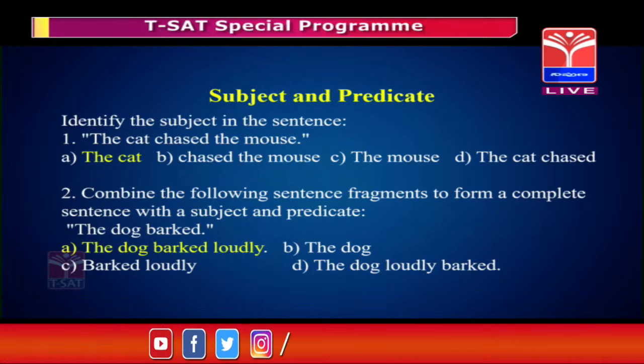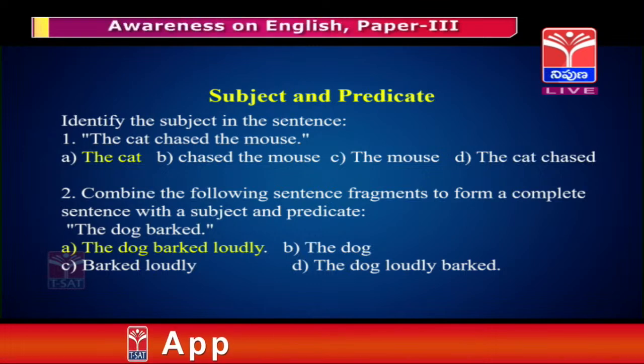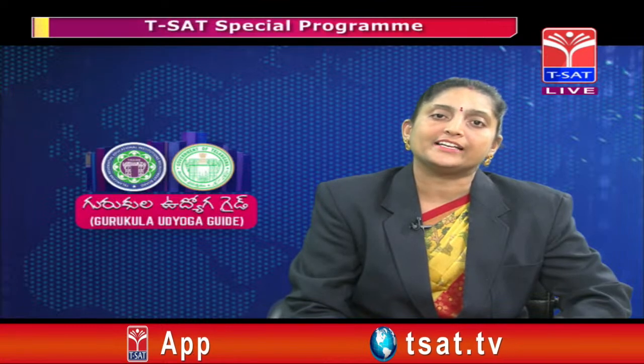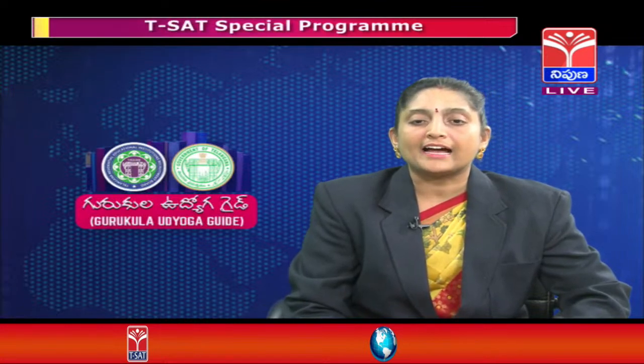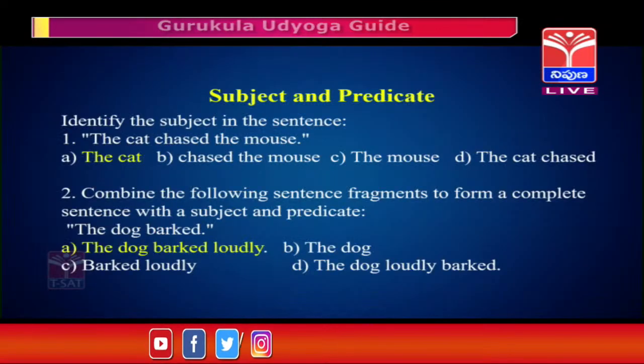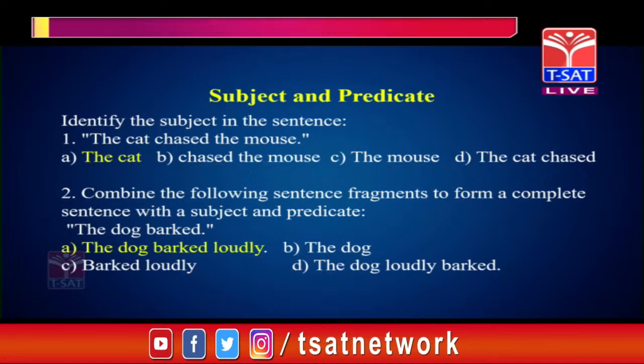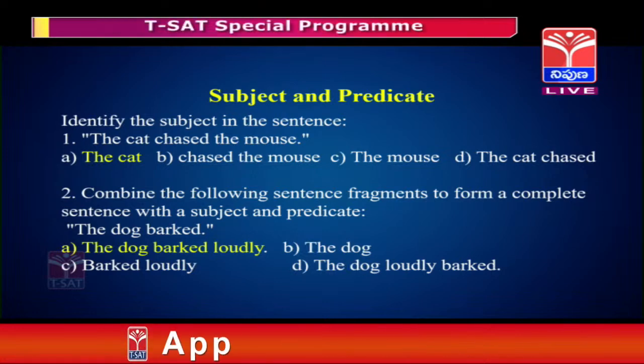So based on this, as I said, we will be given 2 questions. First a sentence will be given to us, and in this particular sentence we need to identify the subject. The cat chased the mouse. Here, what is the subject? The cat is the subject. Chased the mouse is the action done by the subject.